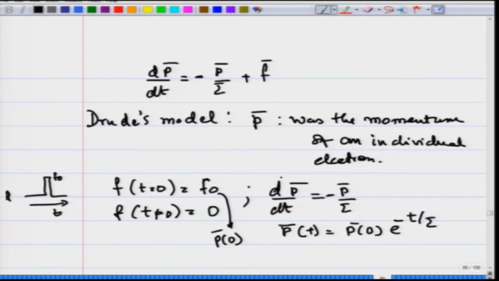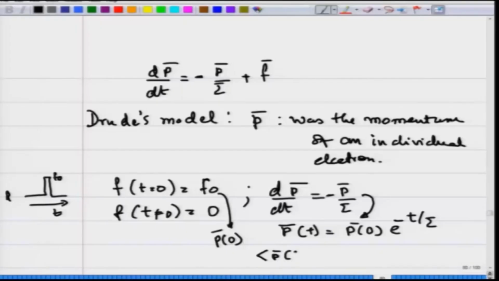This is the solution of the equation of motion, where tau is the scattering time. Therefore, if you give an electron some momentum, the electron scatters, and the average momentum comes down to the 0 momentum state in a time greater than tau.